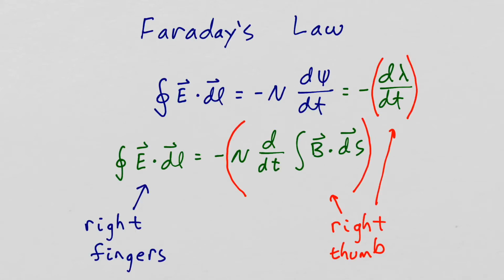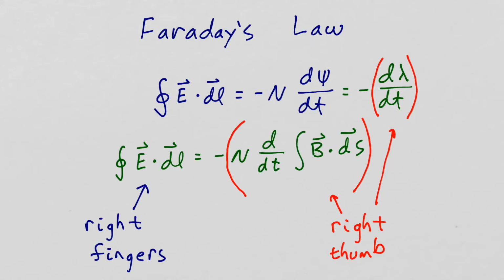We use a right-hand rule to interpret Faraday's law. So you put the fingers of your right hand in the direction of the integral of E dot dl. Then your right thumb points in the direction of the calculation of the change in flux linkage with respect to time.